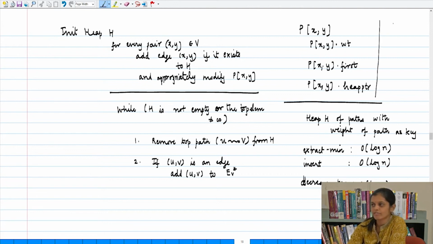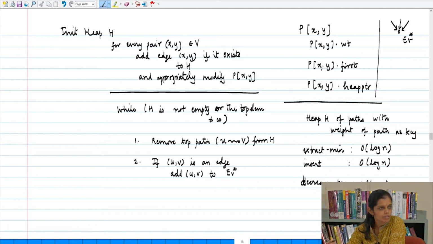For every vertex we are going to store the incoming edges that are optimal edges that our algorithm has discovered. This set will be called E_v star. What does E_v star say? E_v star is the set of edges which are optimal edges incoming into v, which our algorithm will discover in the course of its execution.